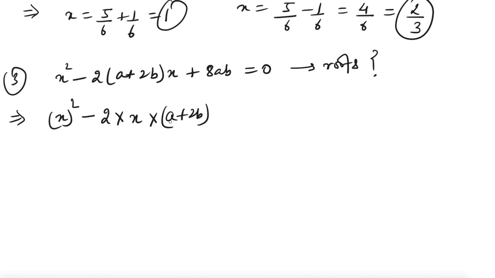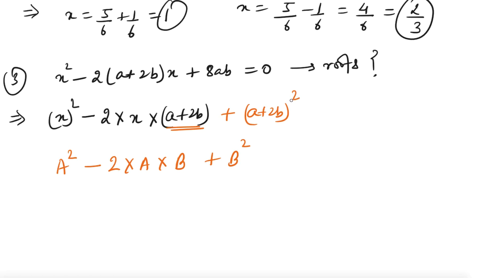This is my b. So now try to relate it this way, a square minus 2 into a into b. Now I need a term b square and this is my b. So I will write plus a plus 2b whole square. Since I'm adding a quantity, I have to subtract the same quantity, a plus 2b whole square plus 8ab, the last term, equal to 0.